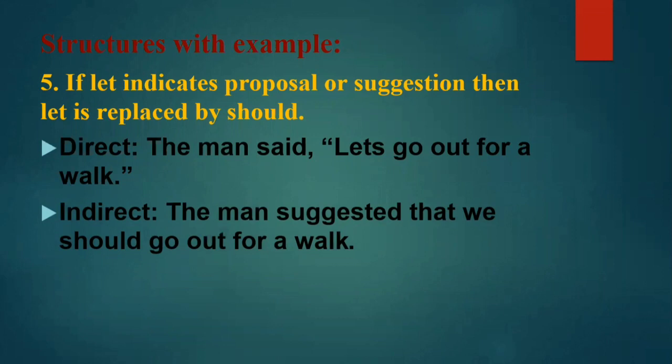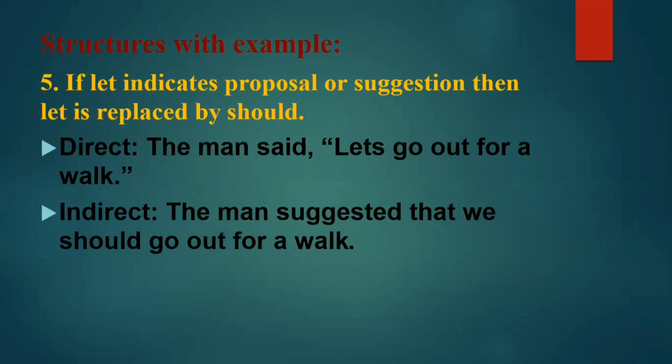Okay. Here, in case of let's, it indicates proposal or suggestion. So here we have used suggested, and then we have to use that. Okay. If let's indicates proposal, in that case, we have to bring that here like the assertive sentence. Okay, dear learners, then subject, we, then should.